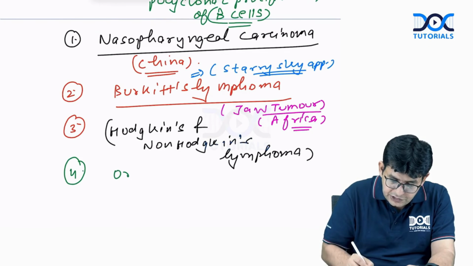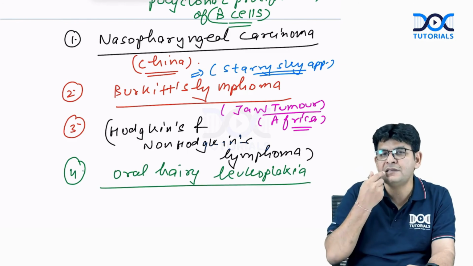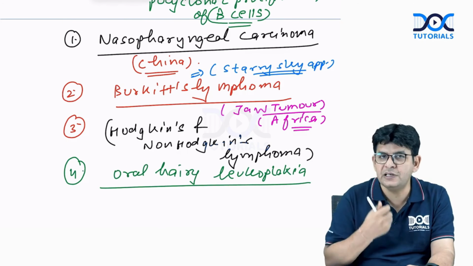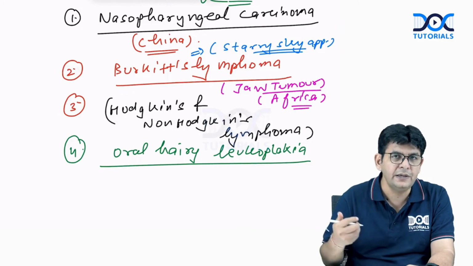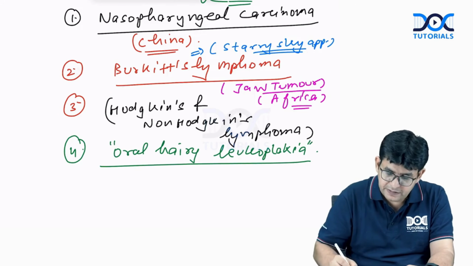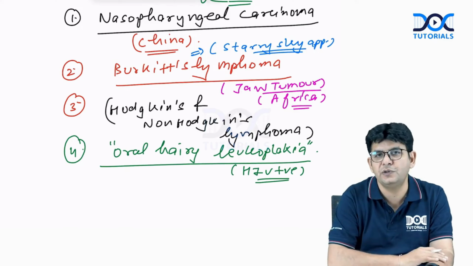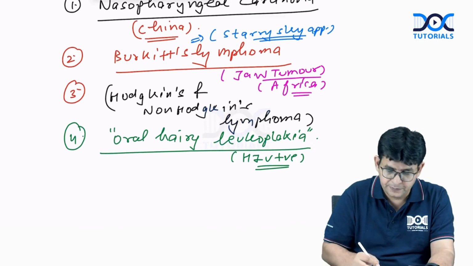This virus is also associated with oral hairy leukoplakia, and this was asked in the NEET exam. On the lateral side of the tongue, you see whitish color lesions that are termed as oral hairy leukoplakia. That is also caused by Epstein-Barr virus, common in whom? In HIV positive individuals.